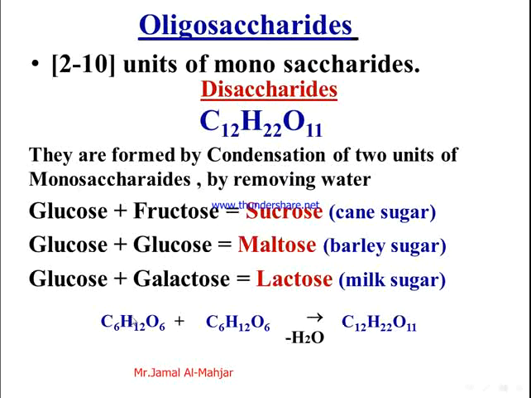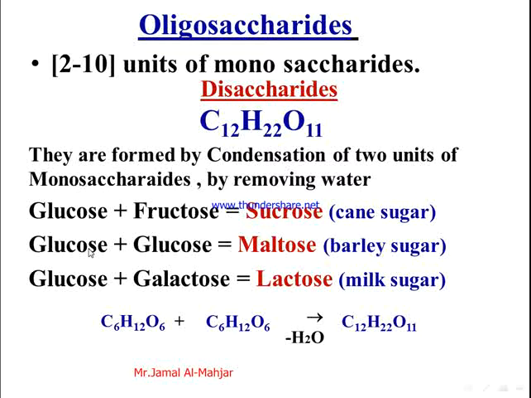But look, the disaccharides have the same formula. Yes, C6, is it glucose or fructose or galactose? We will see here. Look, all of them contain glucose. If we have glucose and fructose, we will get the disaccharide sucrose. We call it cane sugar.